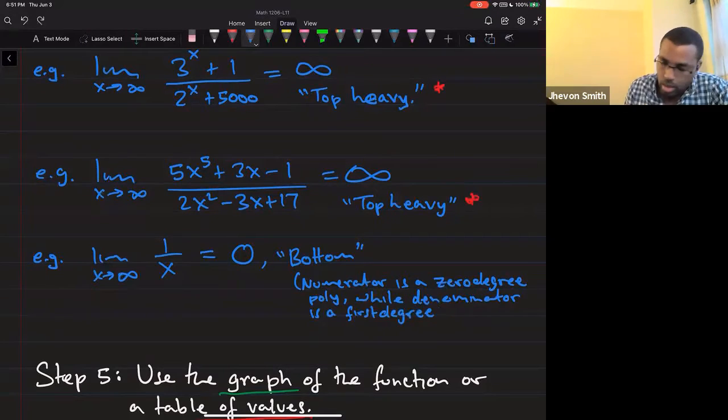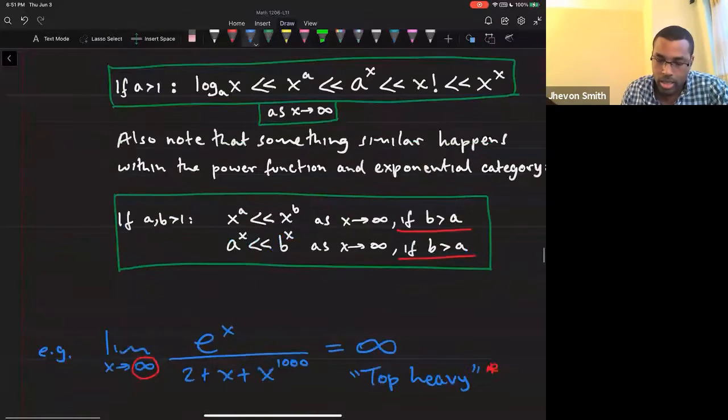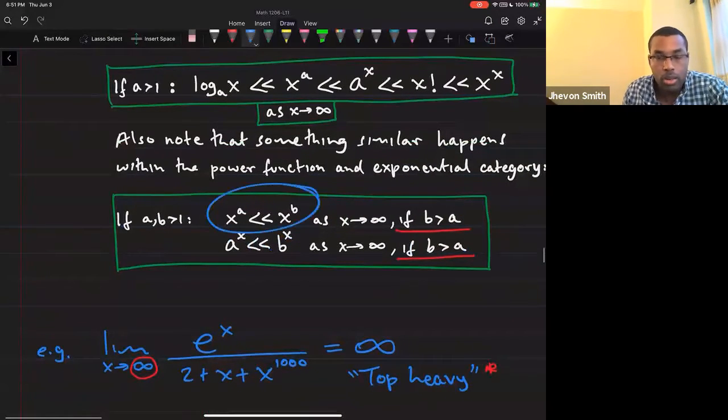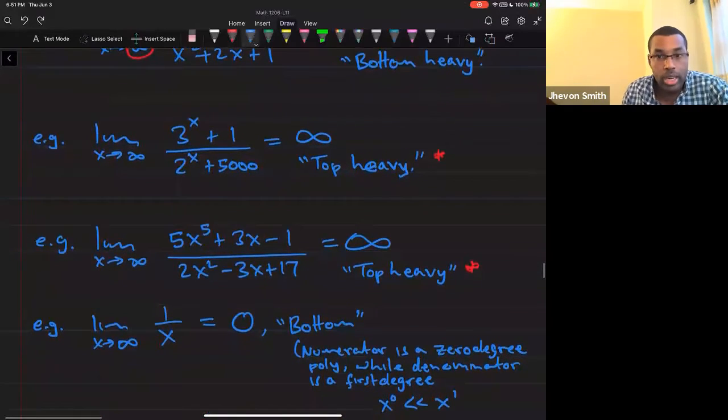Based on what I said above, we know that x to the 0 must be very much smaller than x to the 1, because of this rule that I have here. So you didn't even have to draw the graph for this. You can actually know that, oh, the answer is 0 because it's bottom heavy.